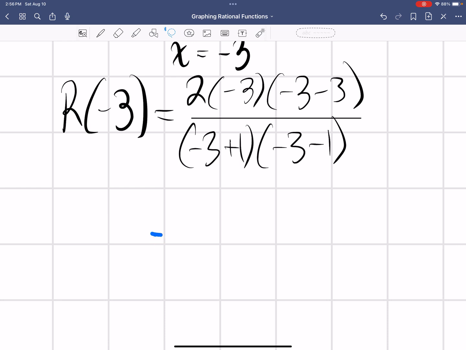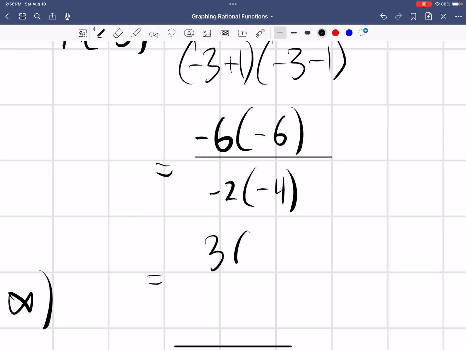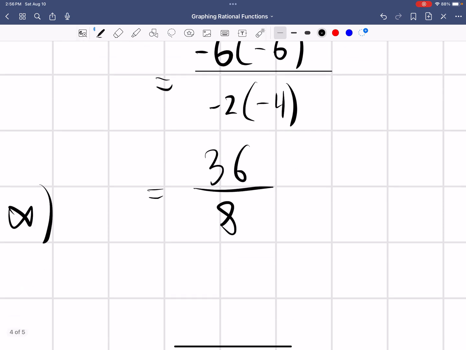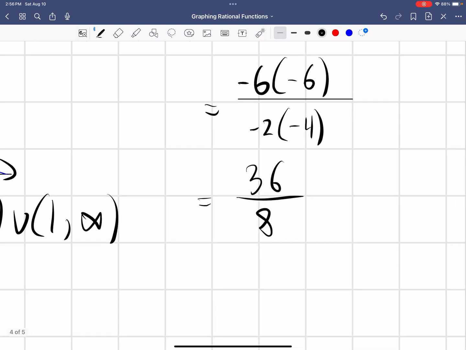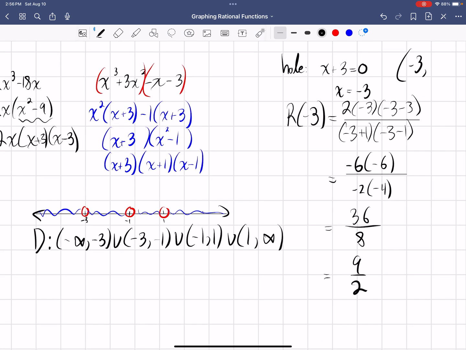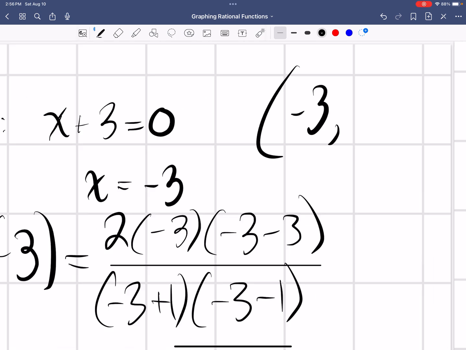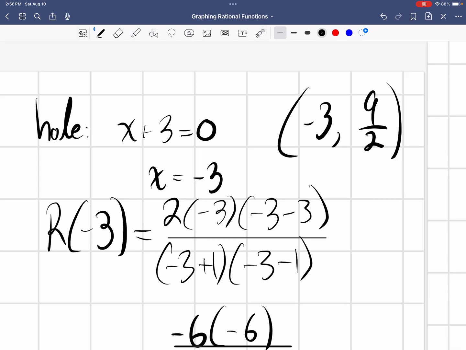So we now have -6 times -6 over -2 times -4. So that's 36 over 8, which is, we can divide those both by 4, so we get 9/2. So that's the y-coordinate of the hole. The hole is at -3, 9/2. Good. All right, so we found the hole.